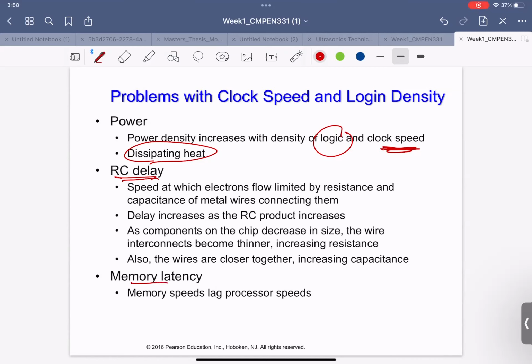Also, another problem is memory latency. The CPU is a lot faster than the main memory. Because of that, you might ask for something from the main memory and just wait idle. We will explain later on how we can enhance the performance.